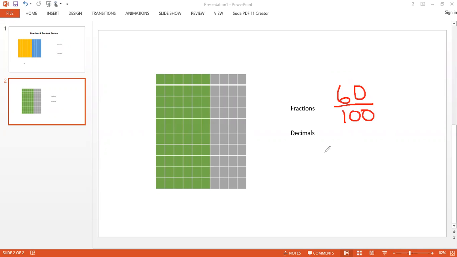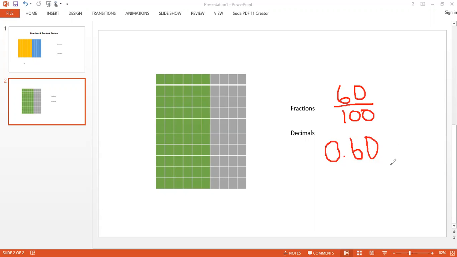What would our decimal look like? As a whole, we have none. So it's going to be 0. Put our decimal, and then we're going to put 6, 0. So we have 6 in the tenths and 0 in the hundredths.